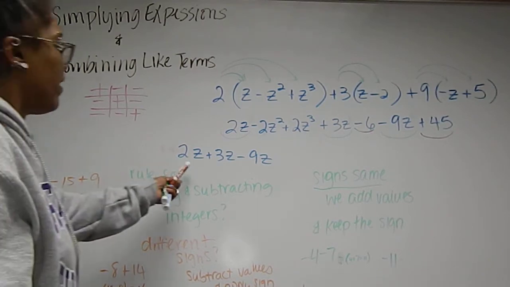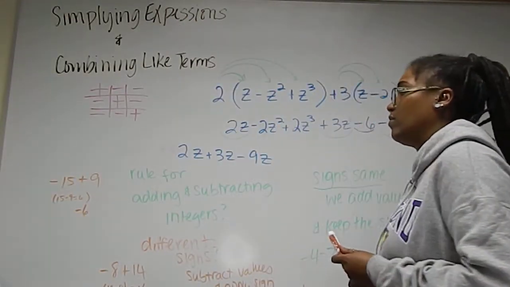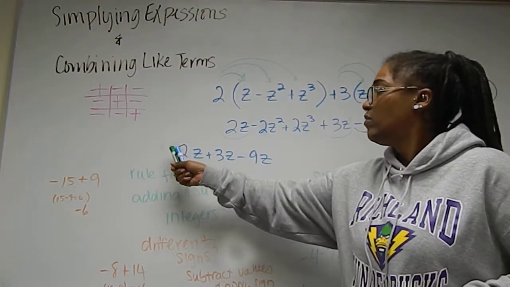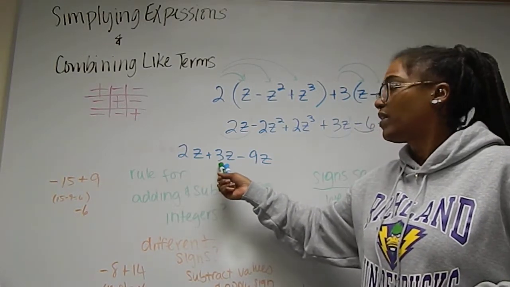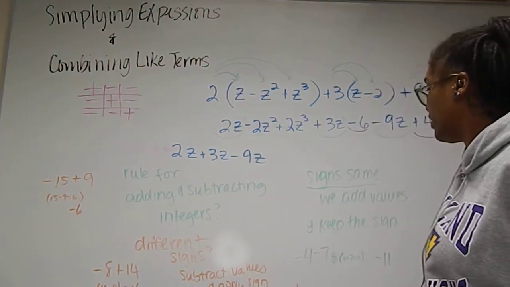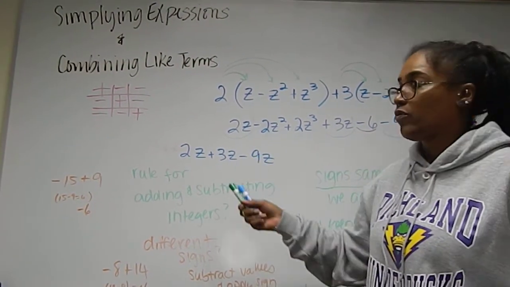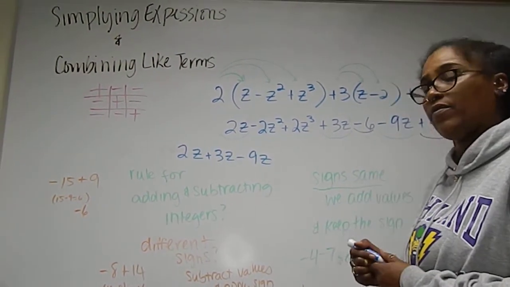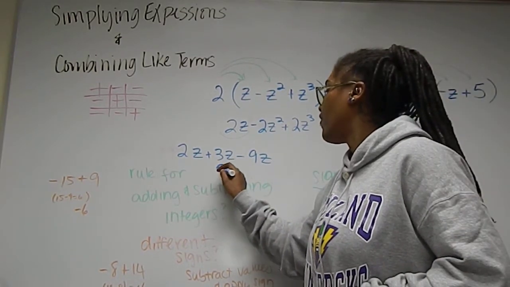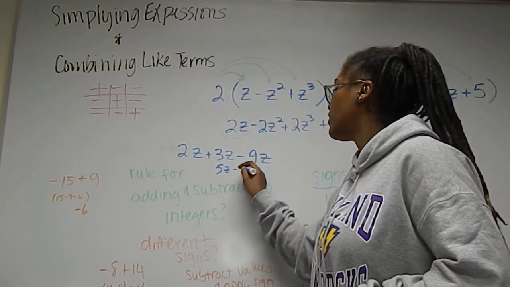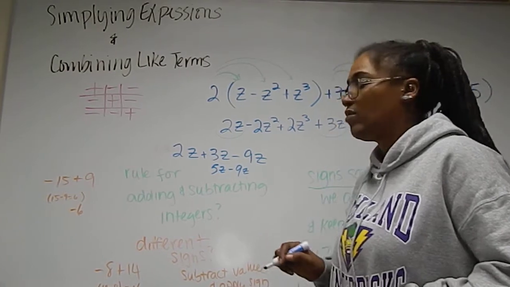So back to combining these like terms right here. The 2 is positive and your 3 is positive, so we're going to do what? Add and keep the sign. 2 plus 3 makes a positive 5, right? So now we have 5z minus 9z.